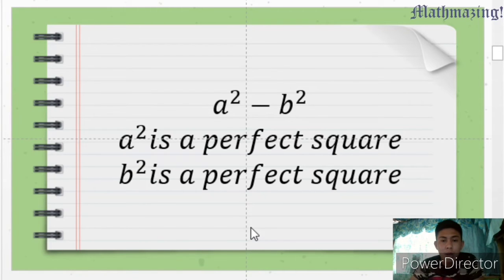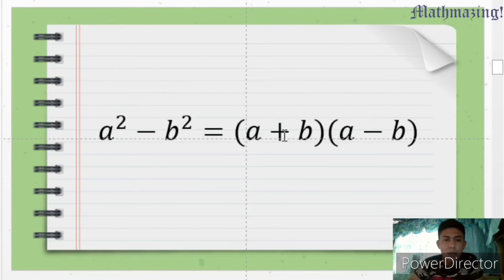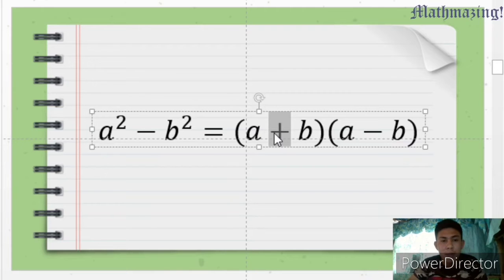Okay, para makuha yung factors niya na gagawin natin, we have to create a parenthesis, dalawang parenthesis wherein ang ilalagay natin sa loob ng isang parenthesis is a plus sign, yung sa isang parenthesis natin is minus sign. So pwedeng minus dito, pwedeng plus dito. Okay, so ang ilalagay naman natin sa first term ng bawat parenthesis natin is the square root of the first term.